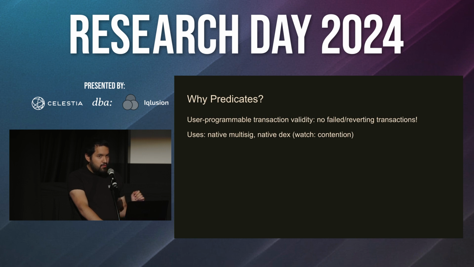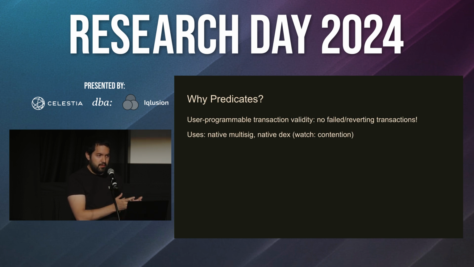So why predicates? Why are they nice things to have that Ethereum doesn't have, Bitcoin does have, other protocols have? They actually allow the validity of a transaction, not necessarily its effects in the sense of, like, I send out this transaction and then some DEX trade will occur, but the entire validity of a transaction to be programmed by the user, as opposed to being a simple, do you have enough gas, which is very boring.